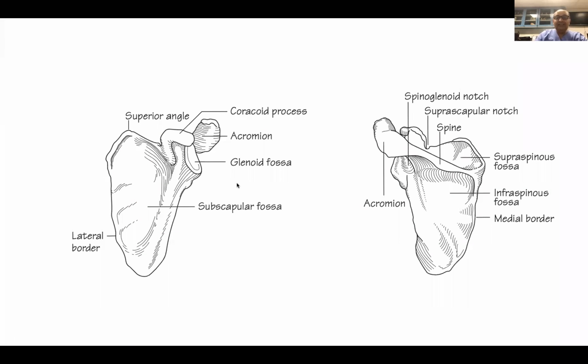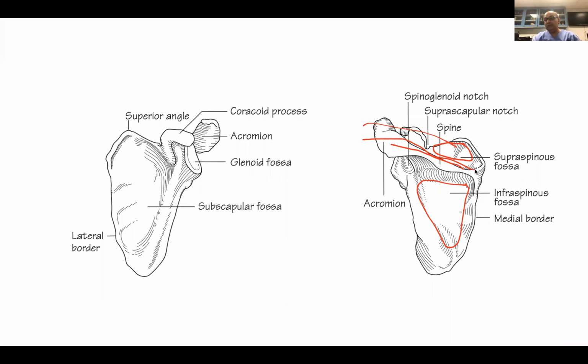Now coming to this scapula bone, this is its anterior surface and that faces my body, and this is from the back. On the back you're looking at this structure, we call it spine, and above the spine we have the supraspinatus fossa, and below that we have the infraspinatus fossa.